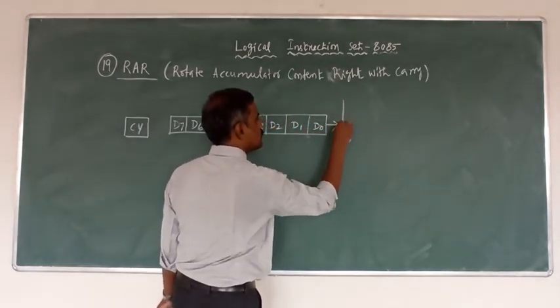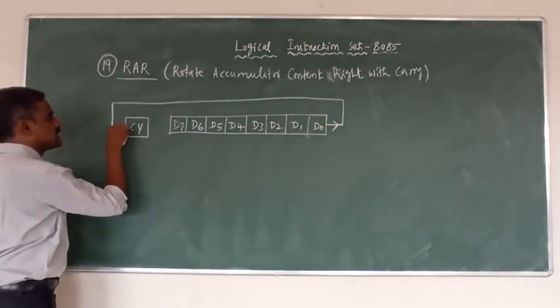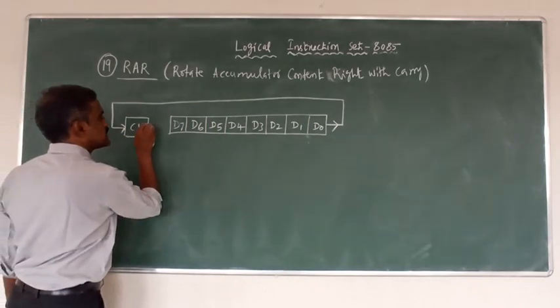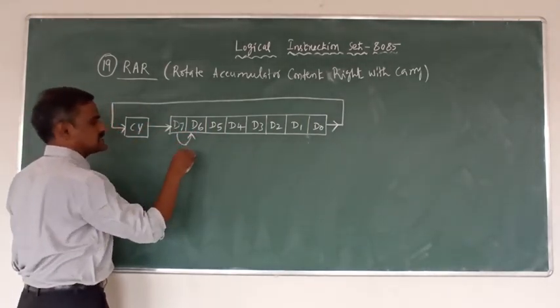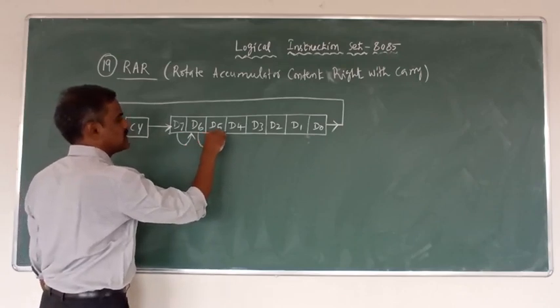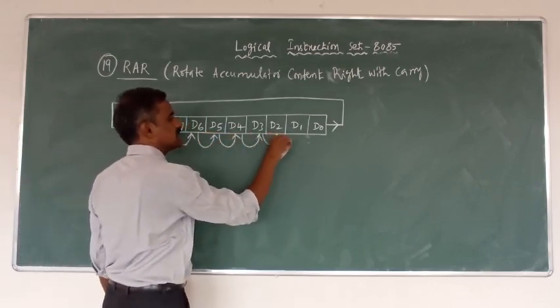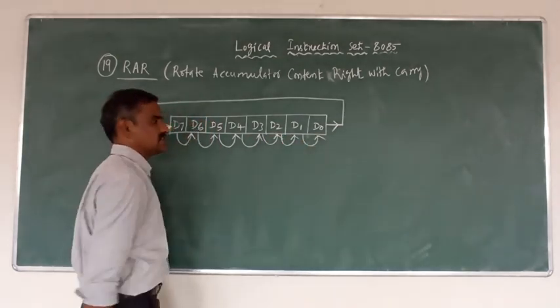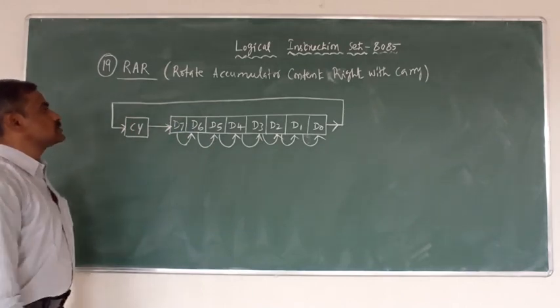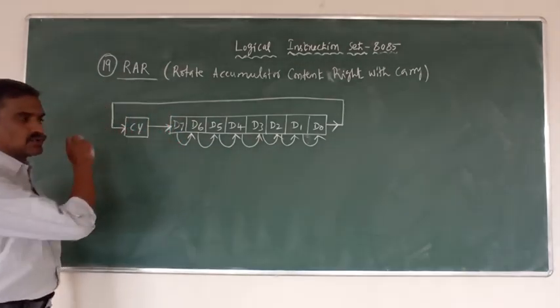D0 bit data moves to carry, and then carry data moves to D7. The D7 data moves to D6, D6 to D5, D5 to D4, D4 to D3, D3 to D2, D2 to D1, D1 to D0. This is the format for moving the accumulator content right with carry also.